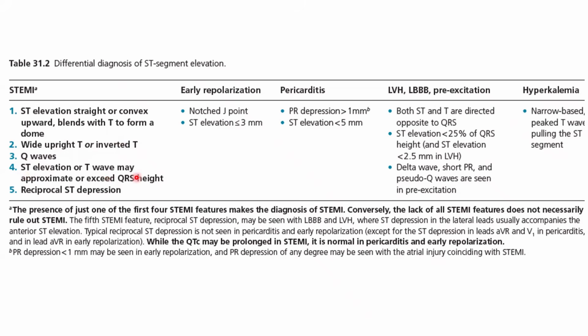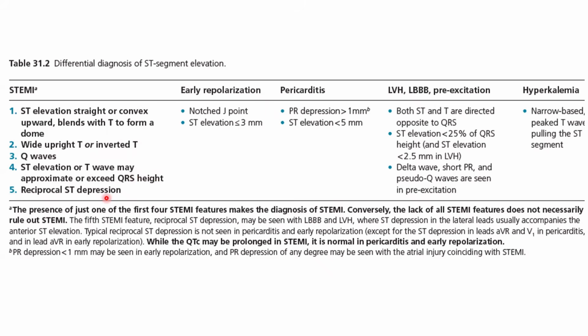In those patients, you frequently have a shrinking of the QRS along with a rising of the T wave, so much so that QRS and T almost approximate, or ST elevation almost approximates half of the QRS. So ST elevation approximating half of the QRS, or T wave approximating the whole QRS, suggests STEMI.